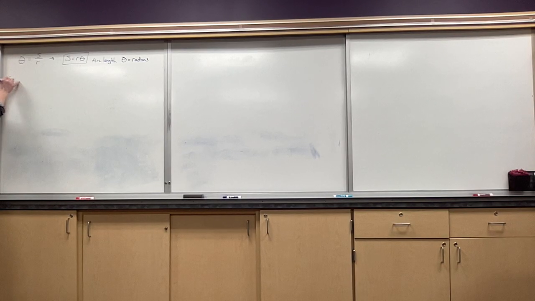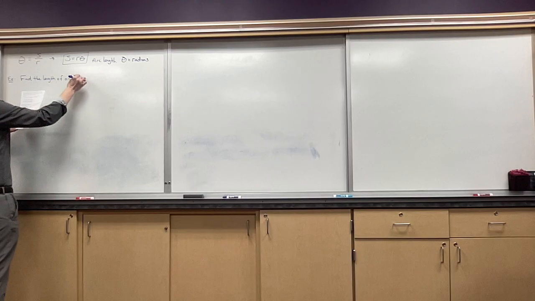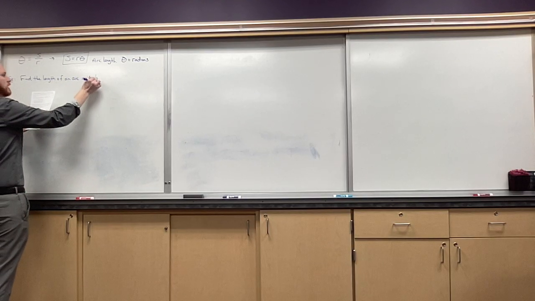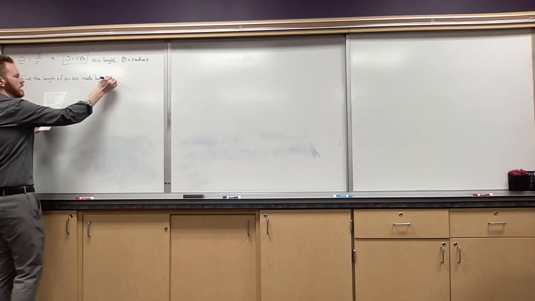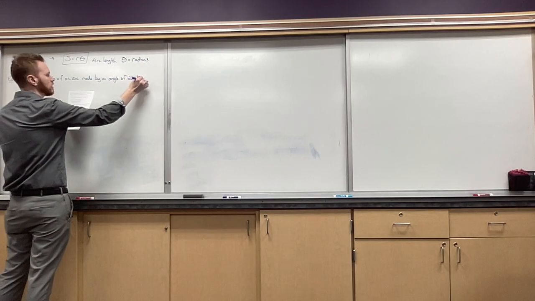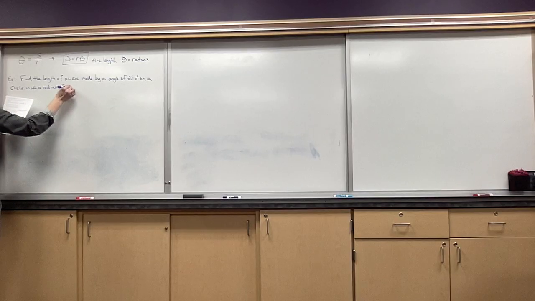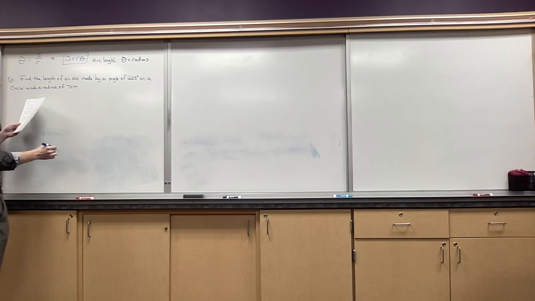Okay, so for this example, find the length of an arc made by an angle of 225 degrees on a circle with a radius of 7 centimeters.